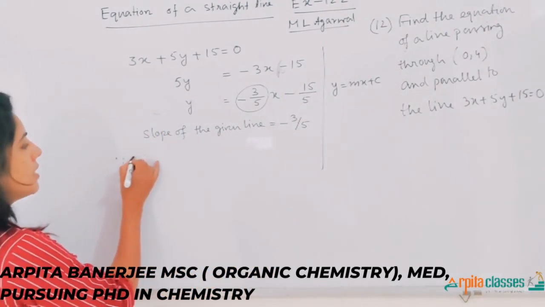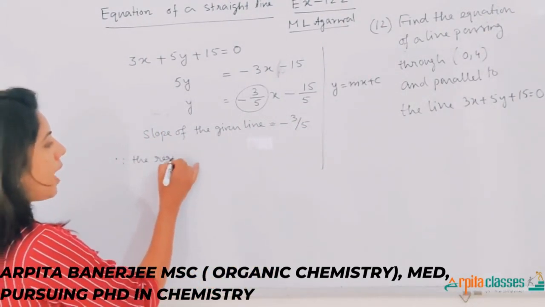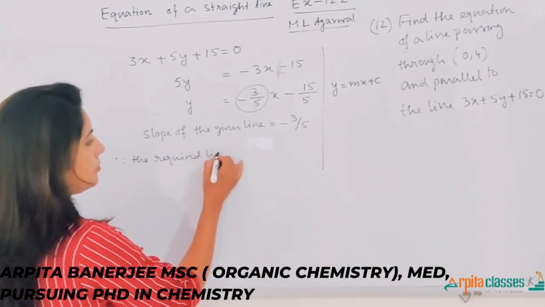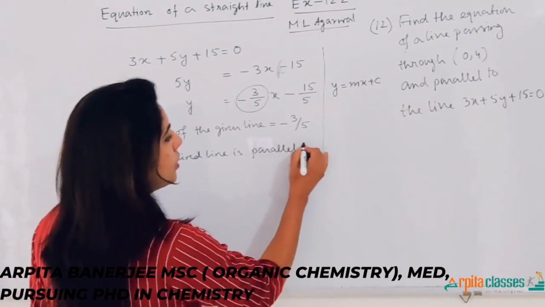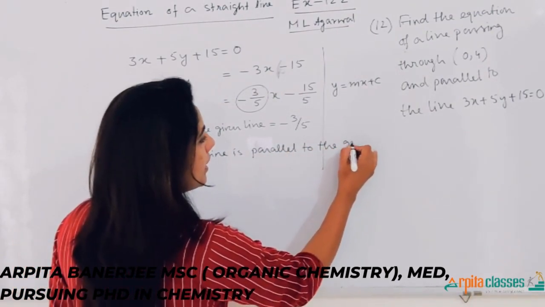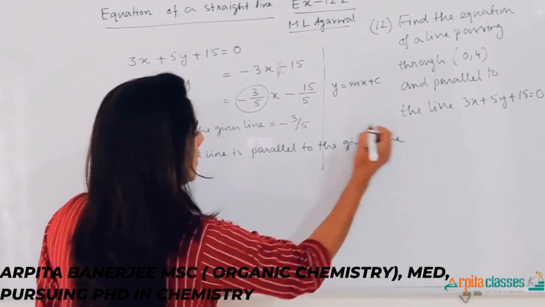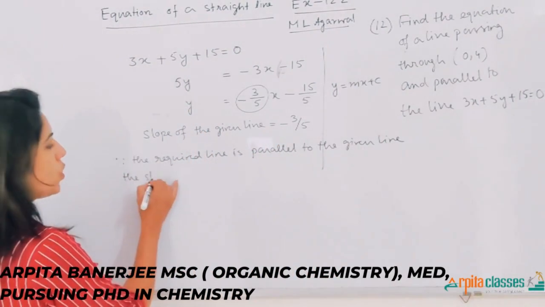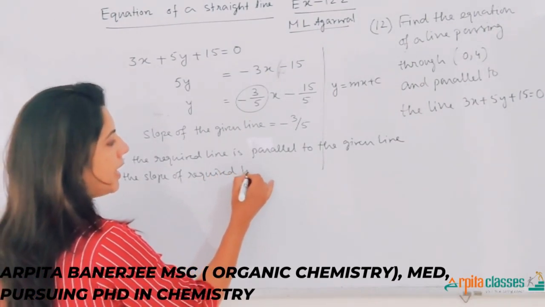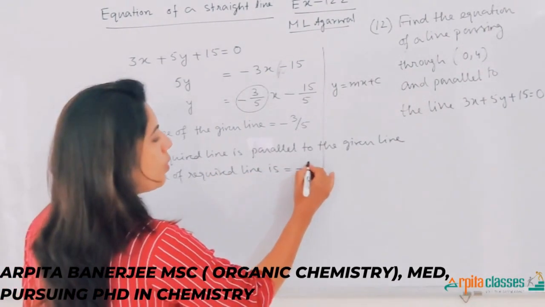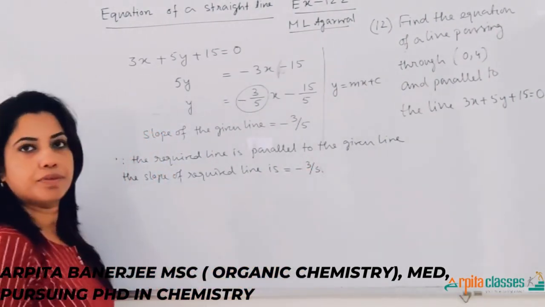Now, since the required line is parallel to the given line, the slope of the required line is also minus 3 upon 5. Okay?